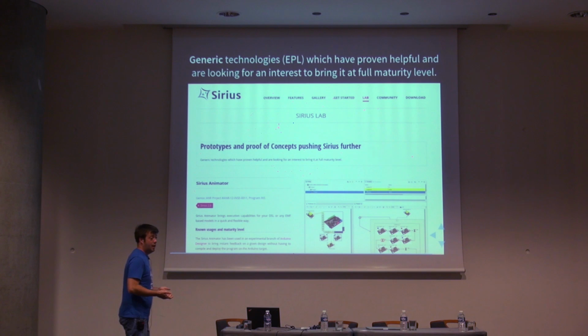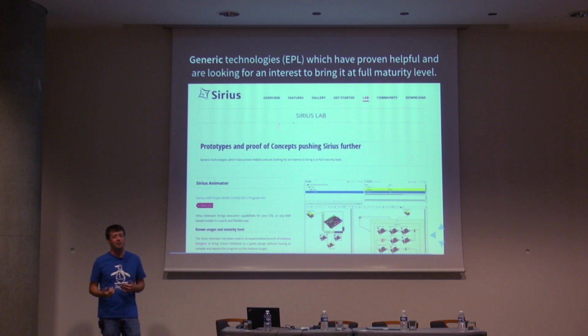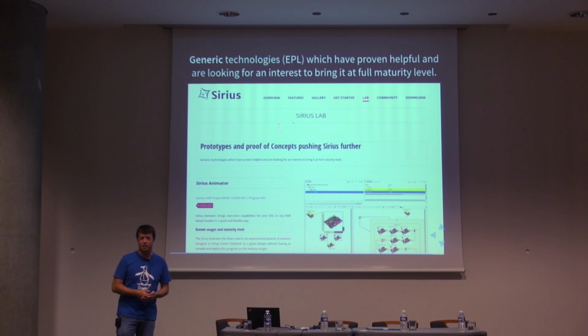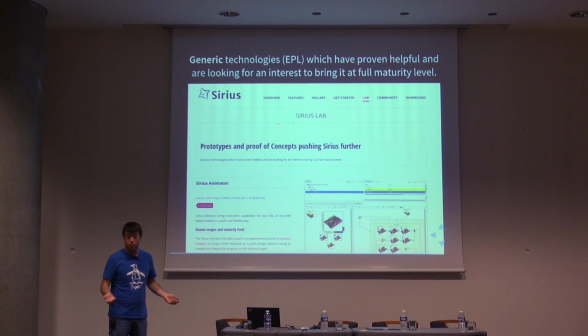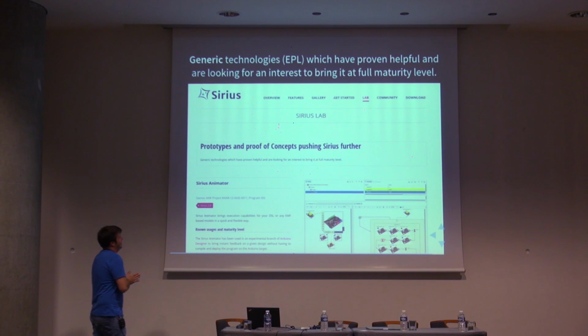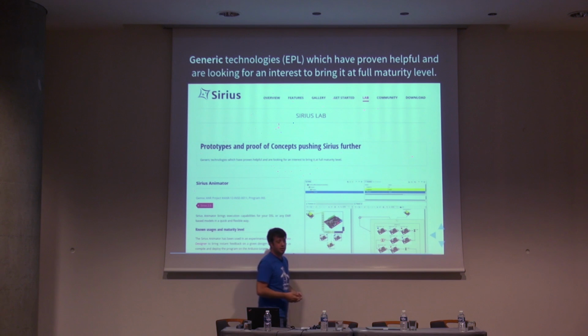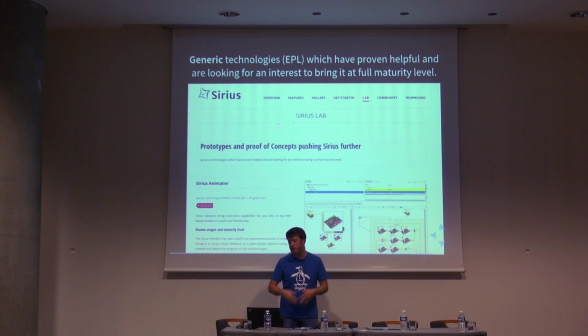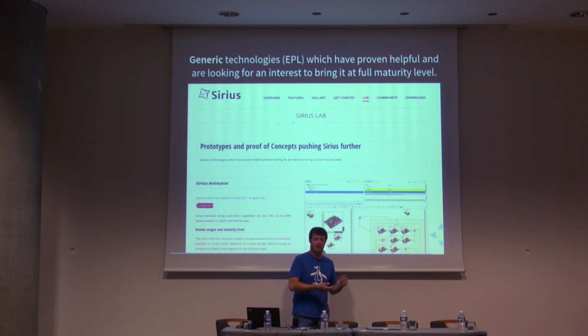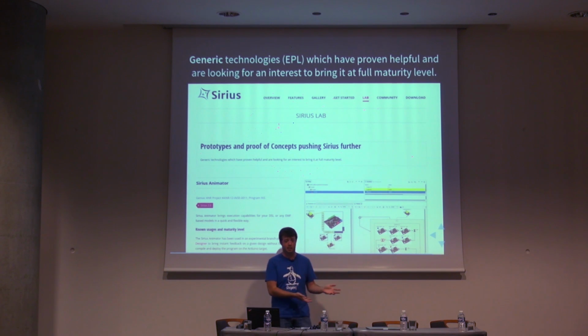They have been proven useful, which basically means for OBEO that we have been able to connect a few prototypes with it, and make it work, and they are looking for interest to bring them to full maturity level. It's mostly to raise awareness that these things exist, and if you're looking for something like that, we can start from here. Oh, by the way, all these technologies are always EPL.